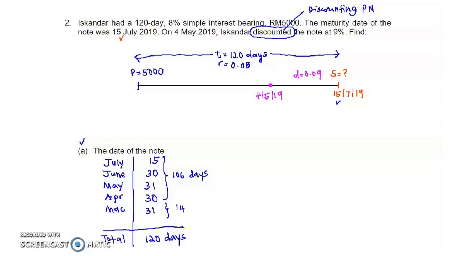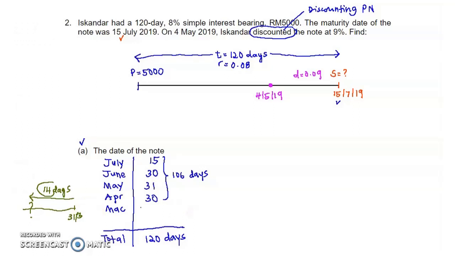Okay. So now we work backward. So for March, now we come from right here, right to left. So let's say here is 31st March. So we need 14 days more. So 31st March here, you go backward for 14 days. So when is the date here? So what you can do is, delete this first.